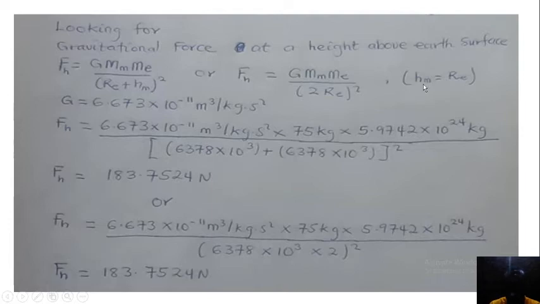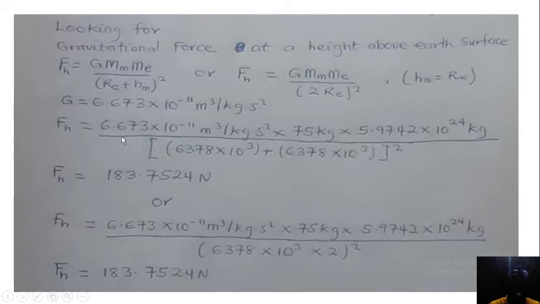Or since we know that the elevation of the man equals the radius of the Earth, you just take it to be 2 times the radius of the Earth. So in that case, the gravitational force formula becomes G times the mass of the man times the mass of the Earth over 2 times the radius of the Earth, all squared. You know the gravitational constant to be 6.673 times 10 exponent -11 meter cube per kilogram dot second squared.